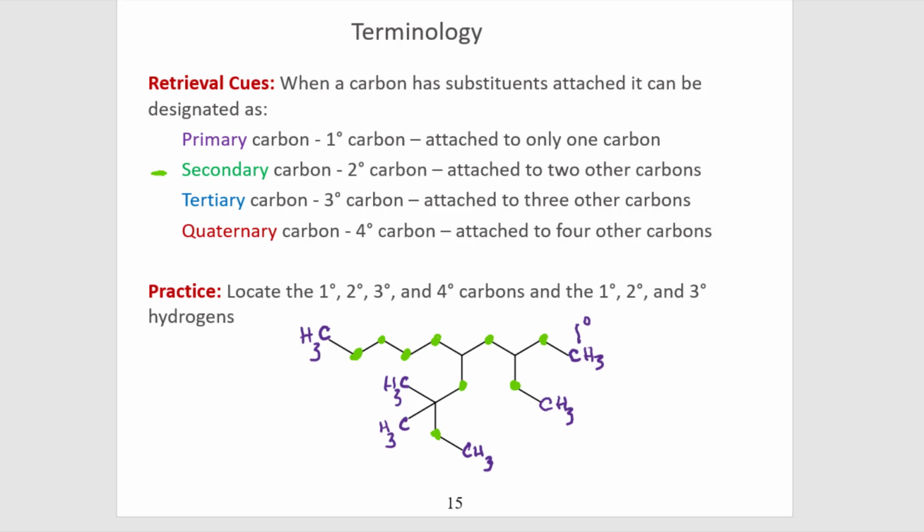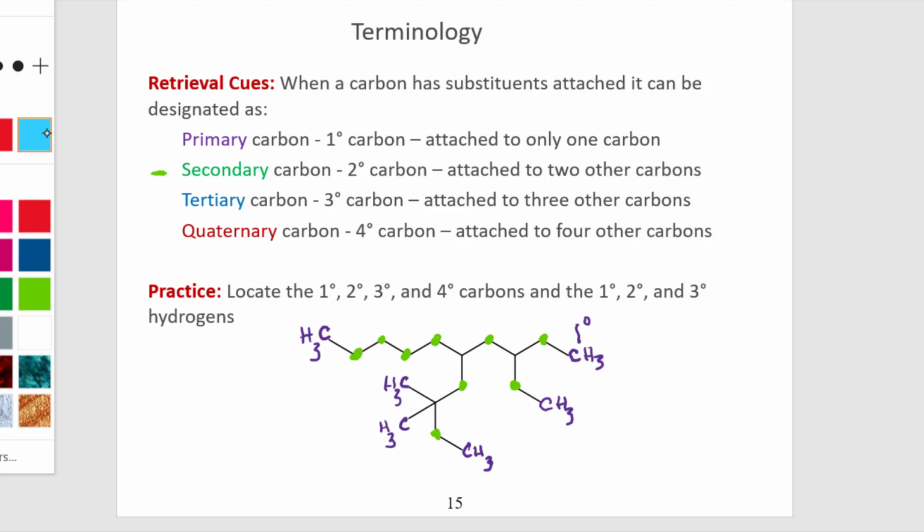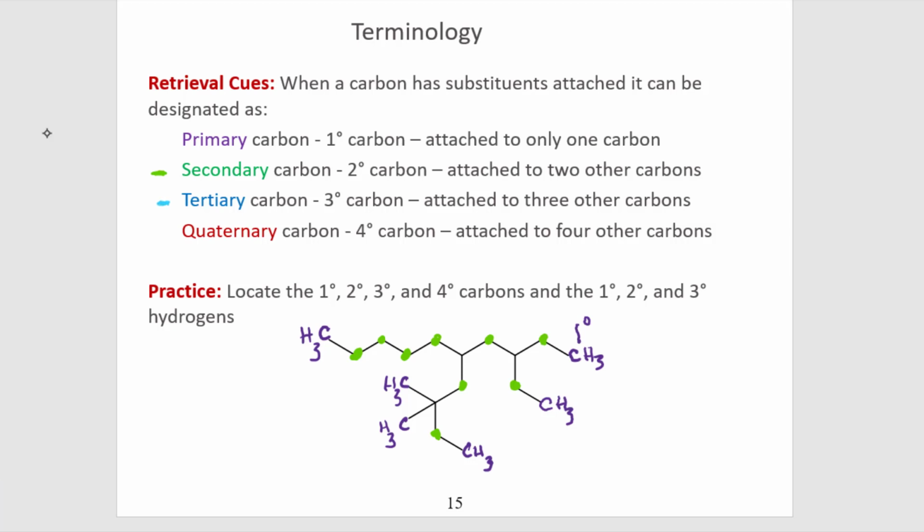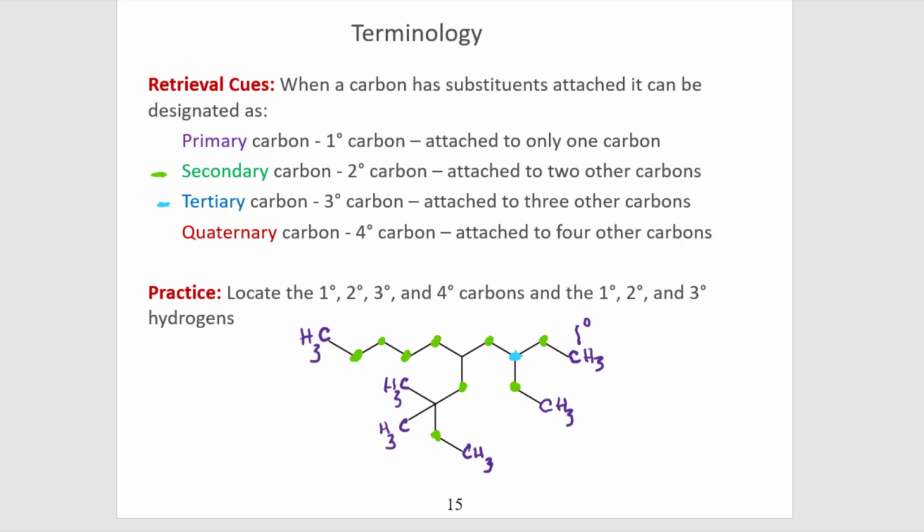Then we have tertiary. Tertiary carbons are the ones that have three carbons off of them. I only see this one. This carbon right here is tertiary. It has three carbon bonds. That means there's one hydrogen, right? There's one hydrogen assumed. And then there's this carbon that's tertiary.